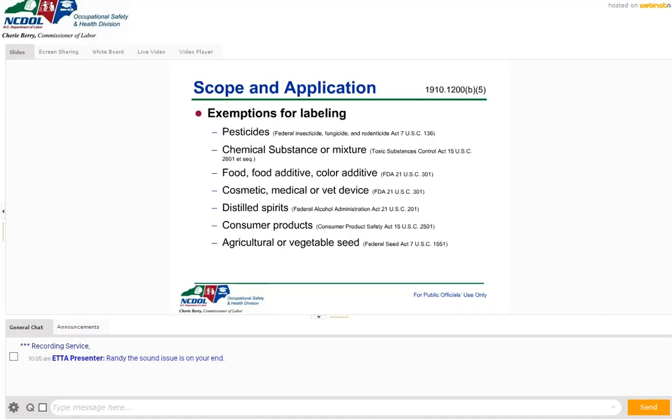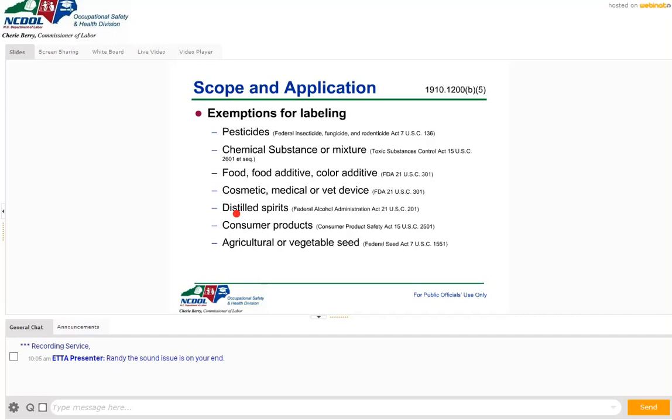Okay, now this slide here talks about labeling exemptions. So you can see all these different types of chemicals where they're regulated by other government agencies. Pesticides, the Federal Insecticide, Fungicide, and Rodenticide Act. And you see the other agencies beside these, like the Food and Drug Administration, the Consumer Product Safety Act.